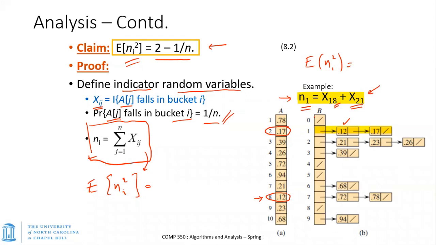Let's make it simple. Is that completely trivial? Will linearity apply in this case? I've given you a simple example, right? How would you do that? So n1 comprises two random variables, and you want the expected value of the square of that.